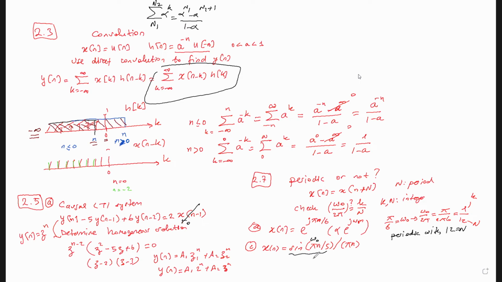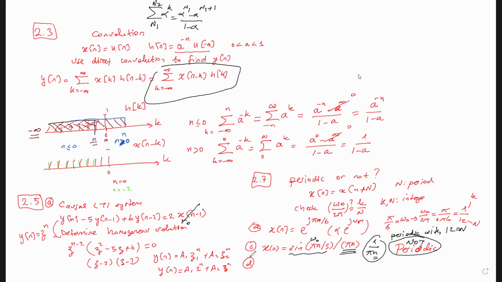But here we have a variable, 1 over pi n, which means it is inversely linear for increasing n. So this sequence cannot be periodic. Not periodic. But the sine term is the periodic one.